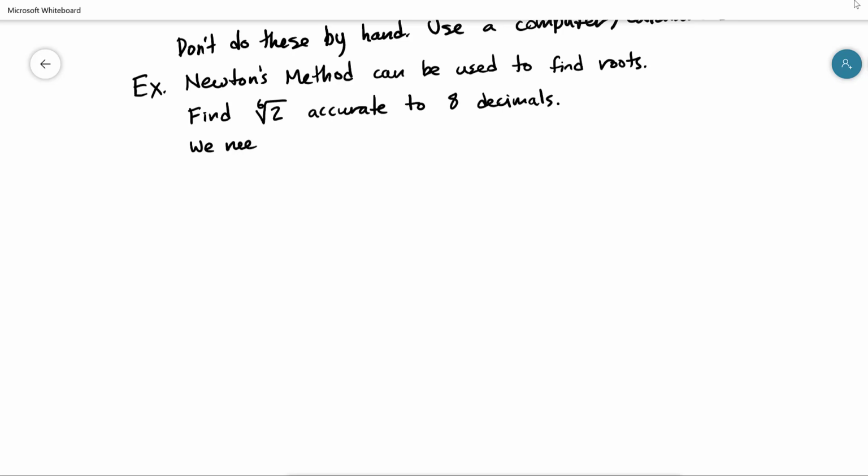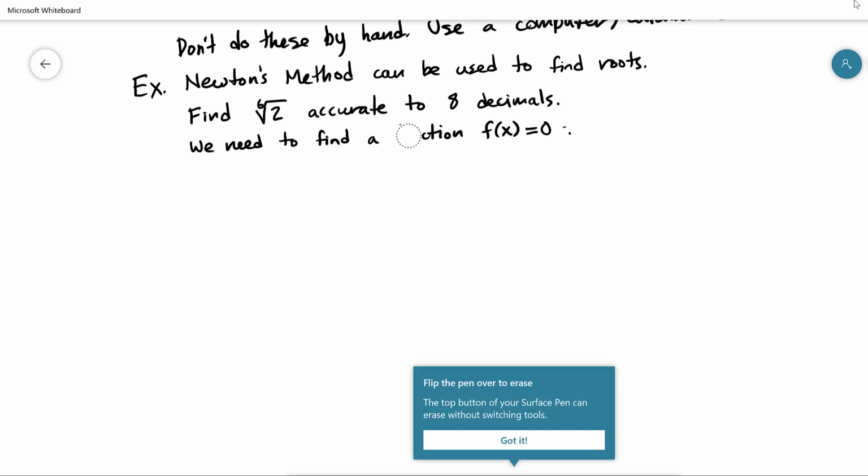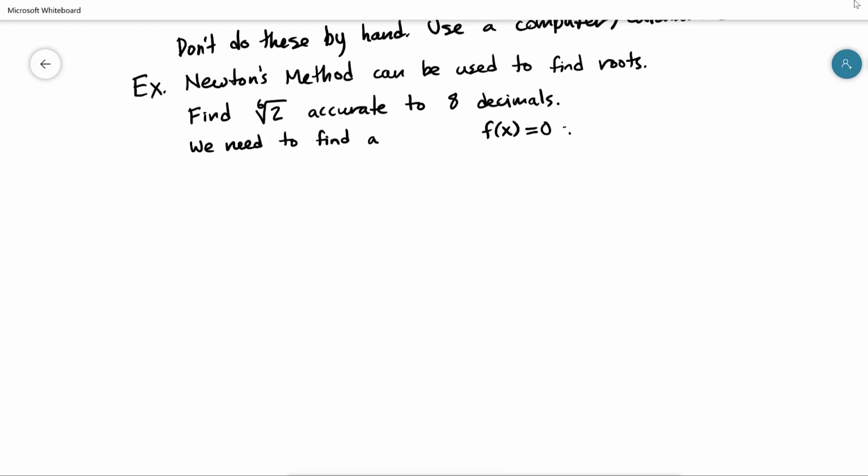So we need to find a function, or an equation rather, f of x equals 0, that has the 6th root of 2 as a solution.